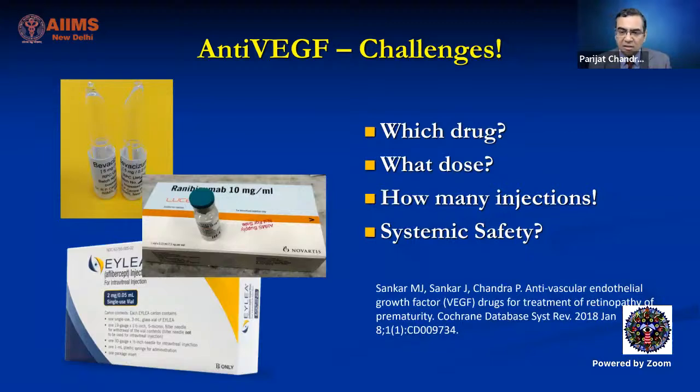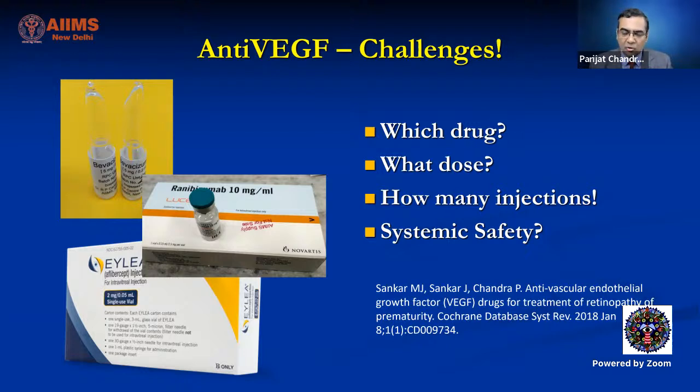Systemic safety was a concern for a lot of people, and definitely when the drugs came out, it was a concern because anti-VEGF going into the systemic circulation had a chance that it could stop the physiological VEGF, which was necessary for growth of the brain, liver, kidneys, etc. So there were a lot of concerns, and there were definite reports that anti-VEGF is getting absorbed systemically and can cause systemic VEGF suppression. But it's been a decade now since anti-VEGF came.